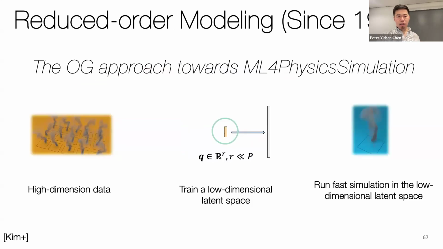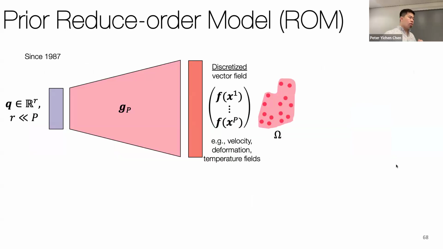But it is fast because you're solving your physics not on every mesh vertex or every grid node directly, but in this low dimensional latent space. This has been around for a very long time.